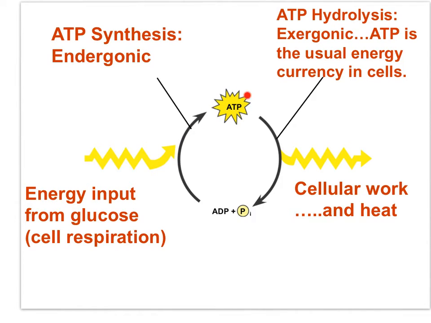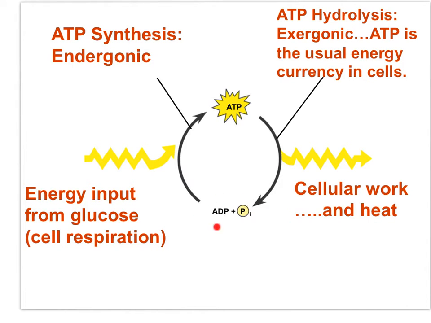The synthesis of ATP is an endergonic reaction. The energy from glucose is released to produce ATP. Then ATP is broken down in an exergonic reaction that releases energy available to perform cell work.